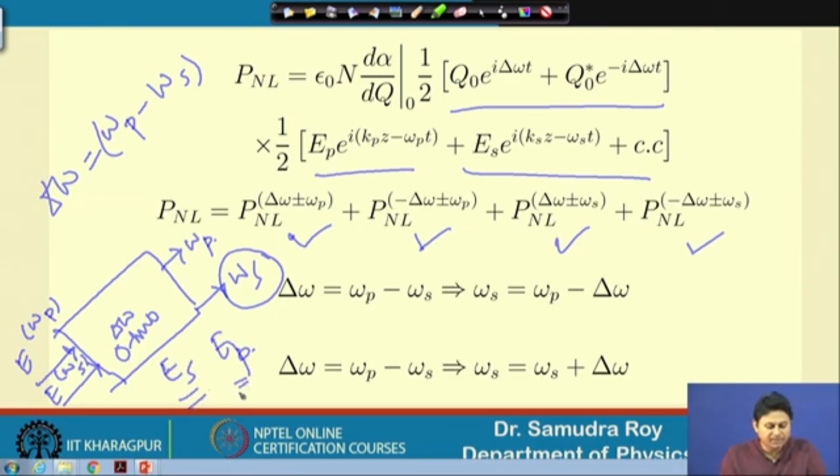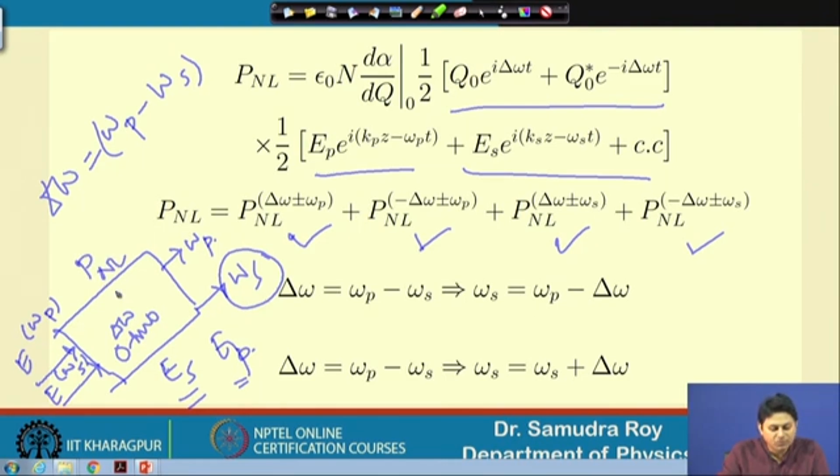When omega s is amplified, that means the amplitude of this omega s field, which is Es, is going to amplify. So, if Es is going to amplify, we need to find out what is the differential equation of Es. In order to find the differential equation, we need to know what is the source term of that, which is P nonlinear.